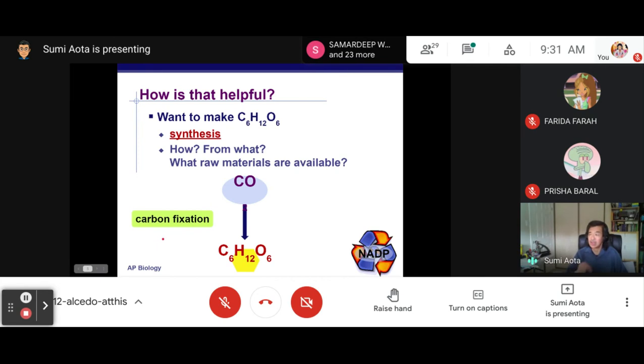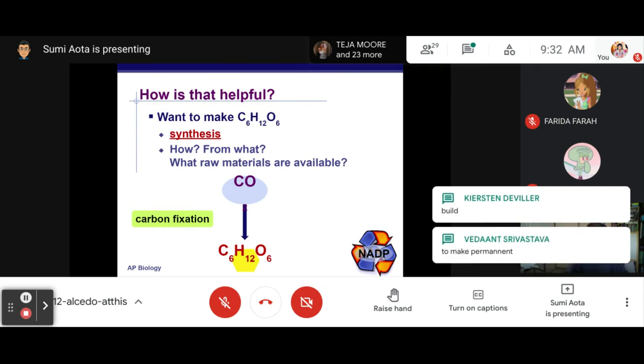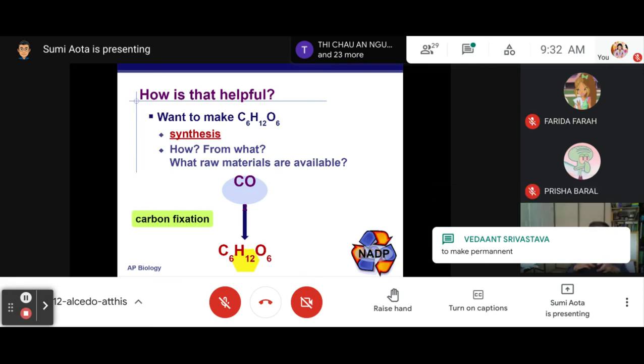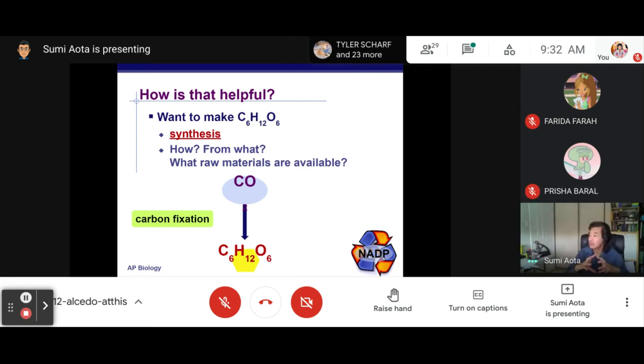Okay, in this case, the word to fix does not mean to repair. What do you think to fix something means in this context? Yeah, to attach. Okay, so if you're driving in a car and your wheel falls off, you're going to fix that wheel back onto the car.